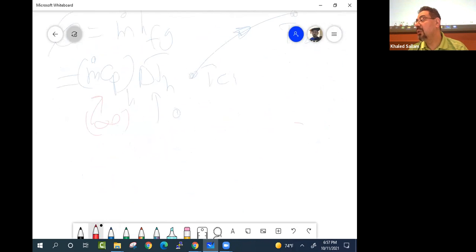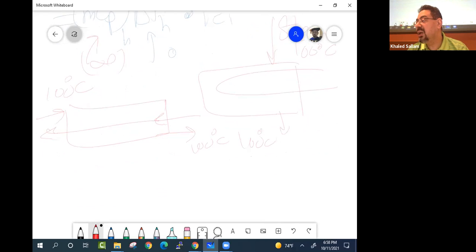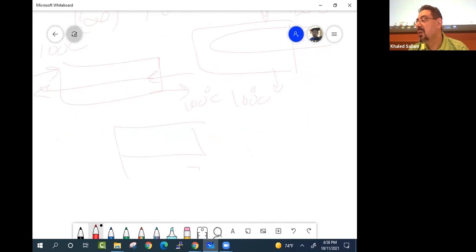Now I would like you to imagine a case where you have shell and tube, where the steam is coming in at 100 degrees C and leaving at 100 degrees C. And compare this with a counterflow where the steam is coming in at 100 degrees C and leaving at 100 degrees C. Or two shells where the steam is coming in at 100 degrees C and leaving at 100 degrees C, while the cold is doing 2 passes and 2 passes.